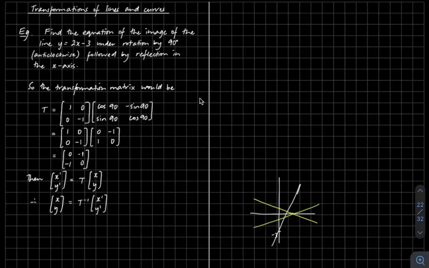So what's the inverse of T here? 1 over 0 minus 1, swap those two around, which does nothing, take the negative of those two.